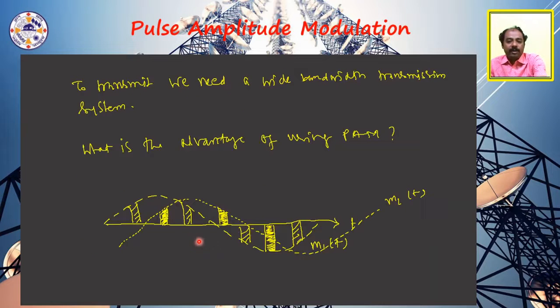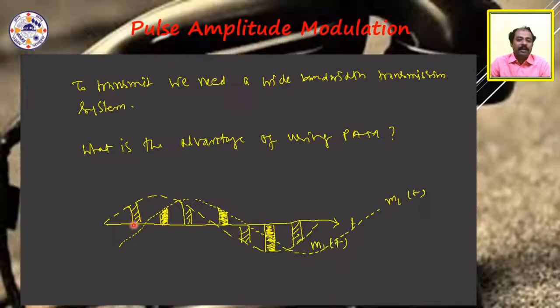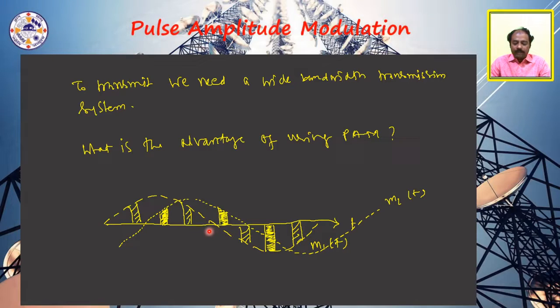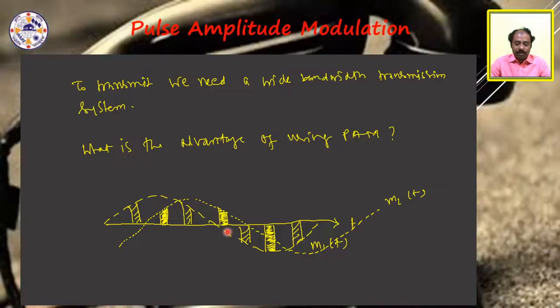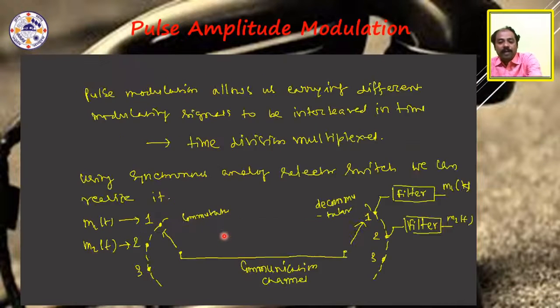In time scale, M1T is sampled here and M2T is sampled here. So these are sampled at different times. We know that this system is an example of TDM, that is time division multiplexing.